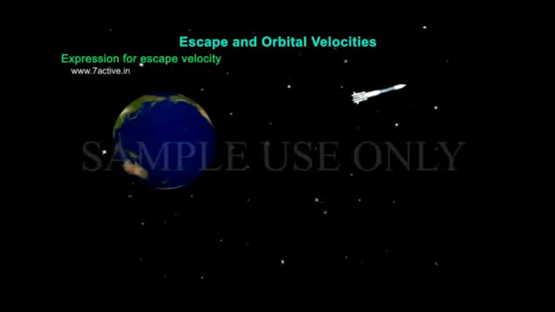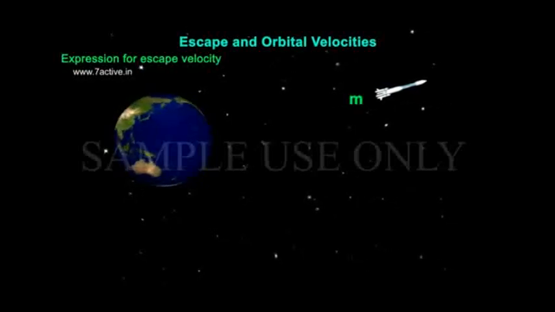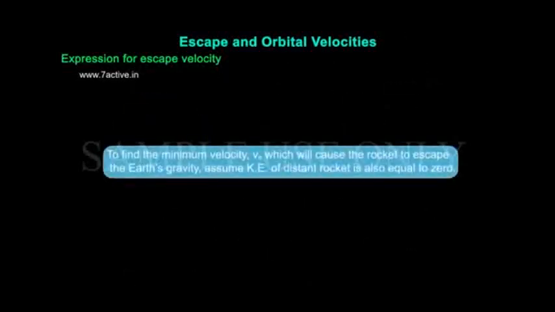Expression for escape velocity. Consider a body, a rocket of mass m, on the surface of the planet Earth of mass M and radius r. To find the minimum velocity, VE, which will cause the rocket to escape the Earth's gravity, assume the kinetic energy of the distant rocket is also equal to 0.